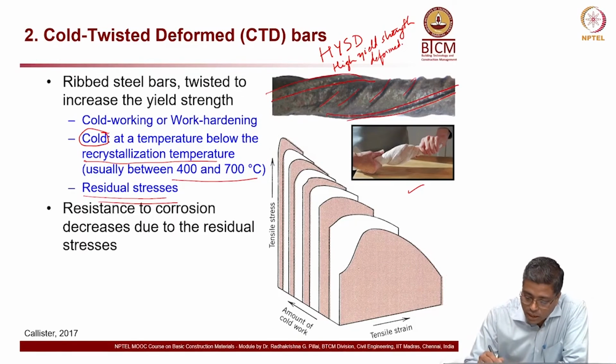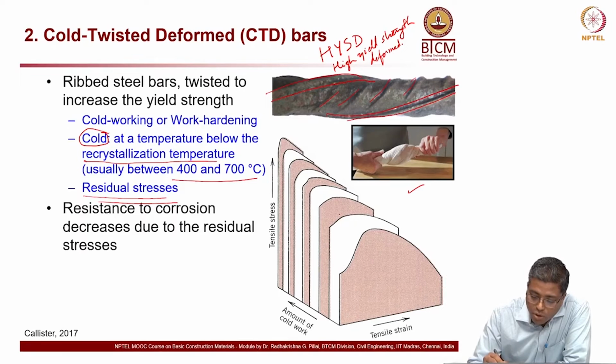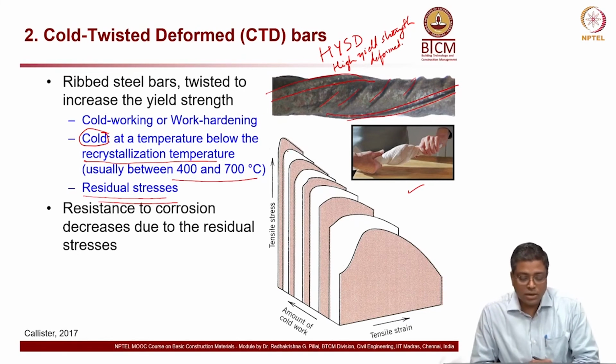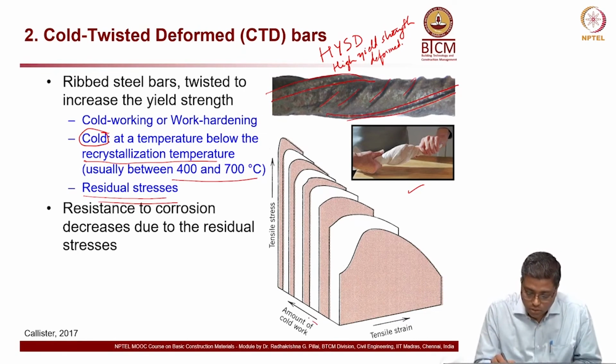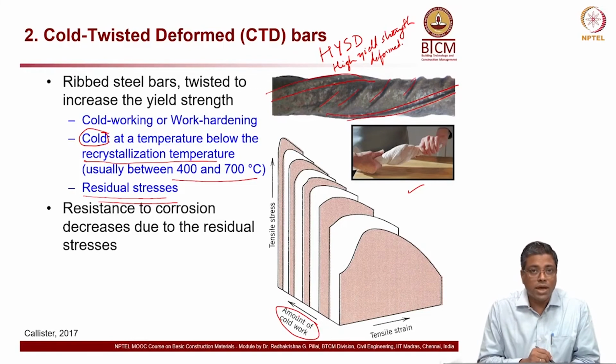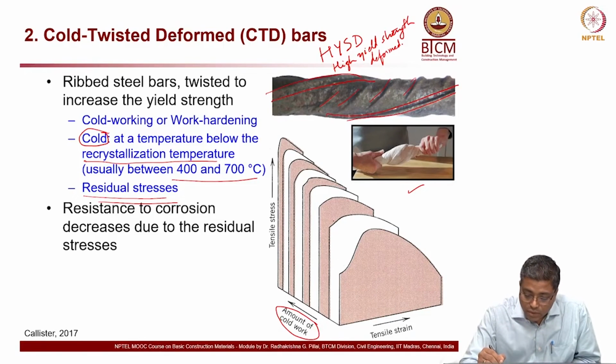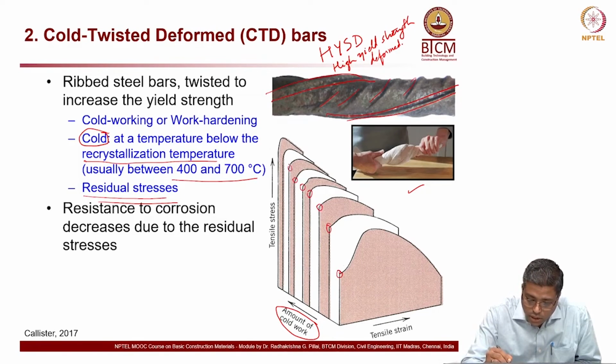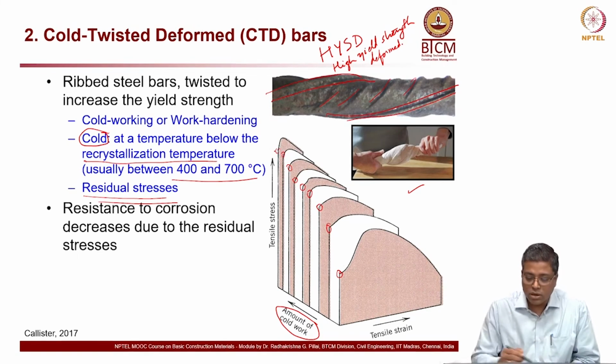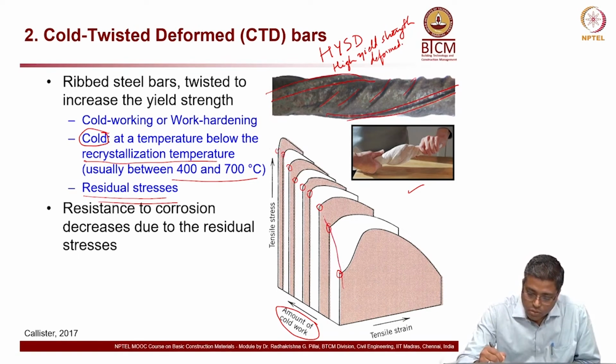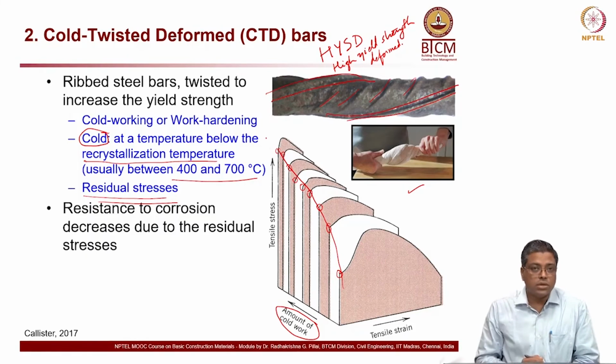So with tensile strain, as the amount of cold work is increased, the strength increases. If you take this point as the yield strength, the yield strength increases.